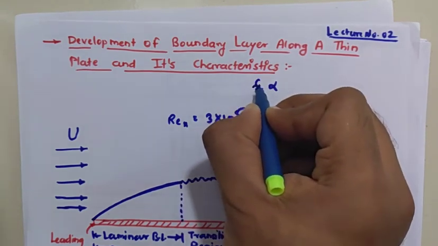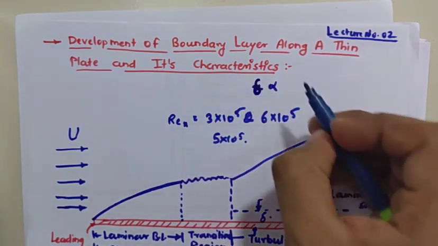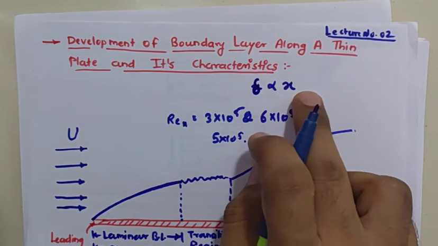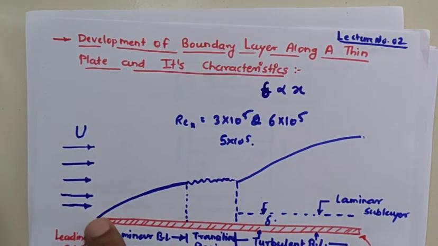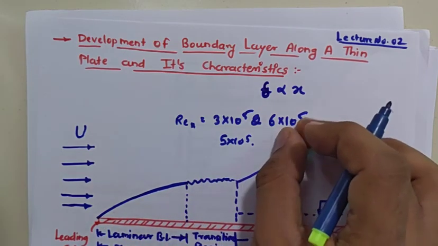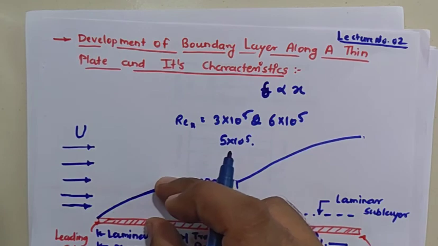So the thickness of boundary layer, delta, varies directly with distance x from the edge of the plate. That means more the distance x, more is the thickness of the boundary layer, and vice versa.